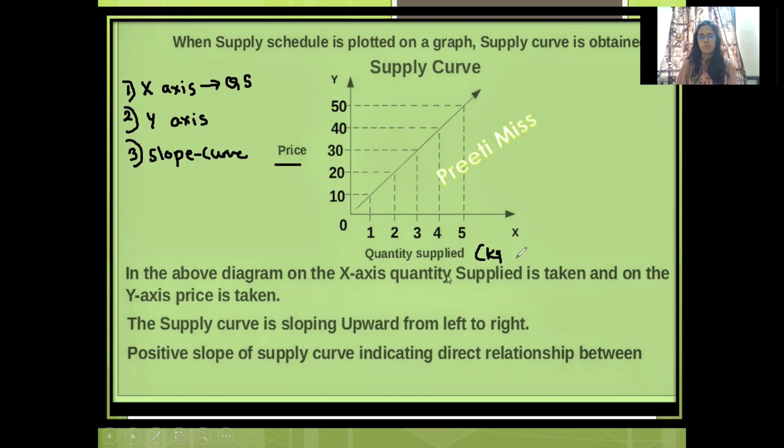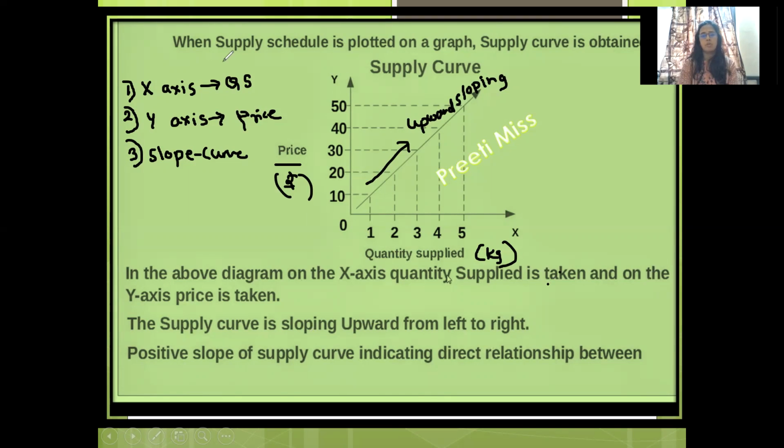The y-axis is price in rupees, and the slope is upward sloping. These three points are important to cover. The supply curve is sloping upward from left to right. Positive slope indicates a direct relationship between price and quantity supplied. Okay, got it?